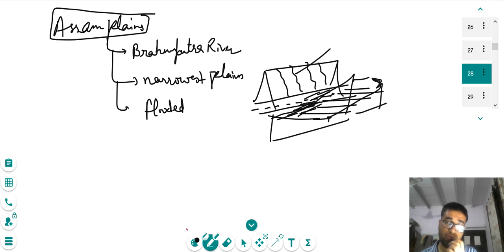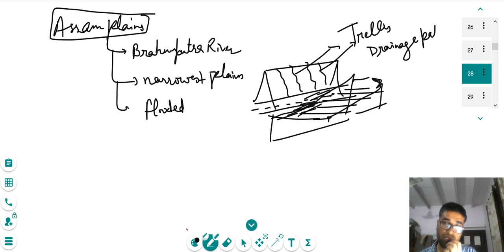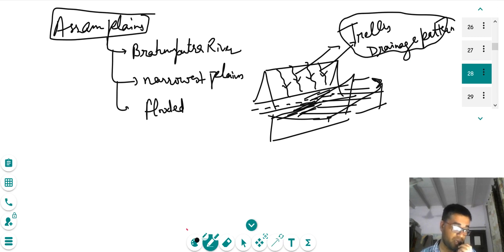So the rivers which descend from the north side form the trellis drainage pattern. In the trellis drainage pattern, what happens? The rivers descend from the slope parallelly, as they are seen here, right?